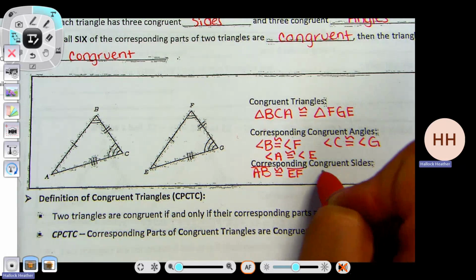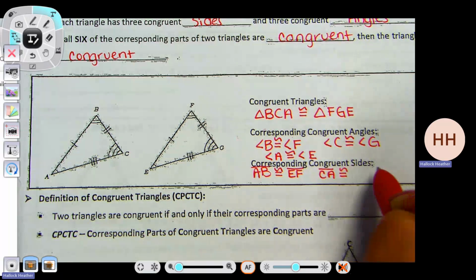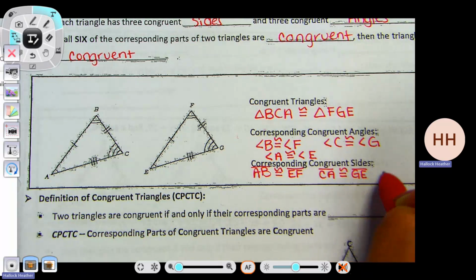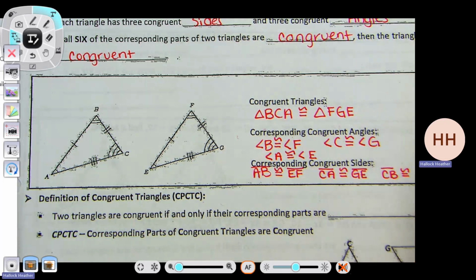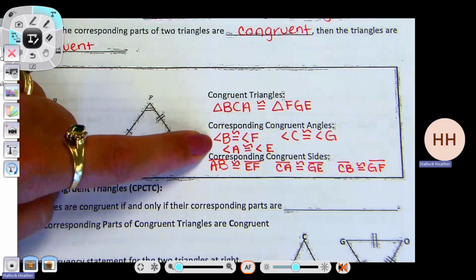If I say CA matches with something, what does that match with? GE. And then the last one, let's say CB. GF.